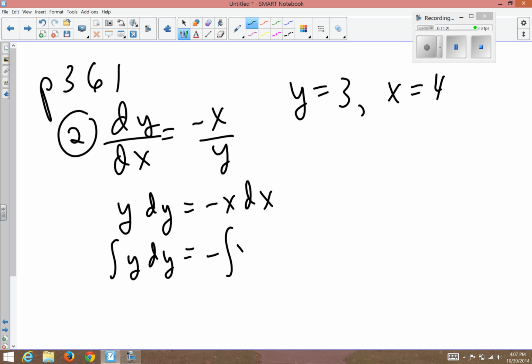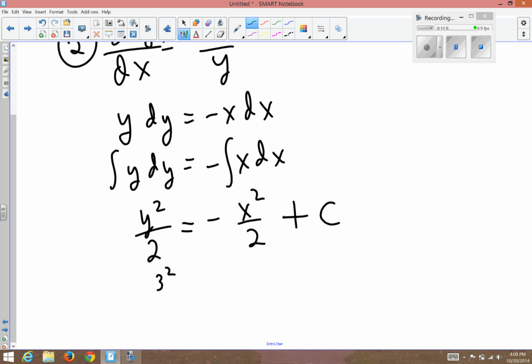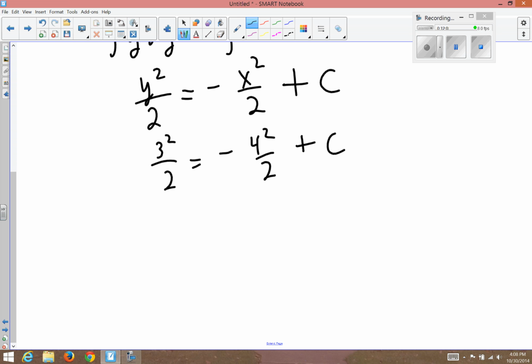Time for initial condition. The y gets replaced with 3, and the x gets replaced with 4. This x is being squared, not this negative sign over here. 9 halves equals negative, not squaring the negative, 16 over 2 plus c.